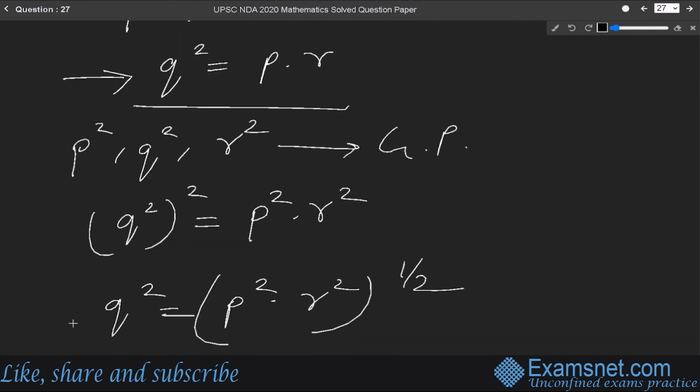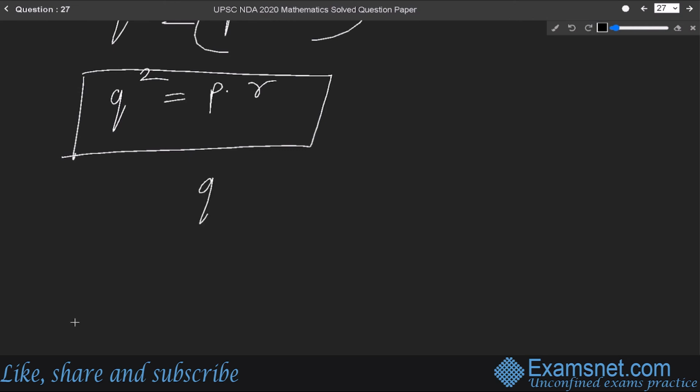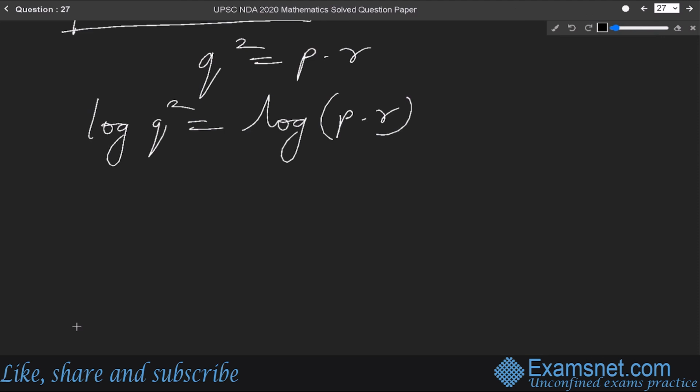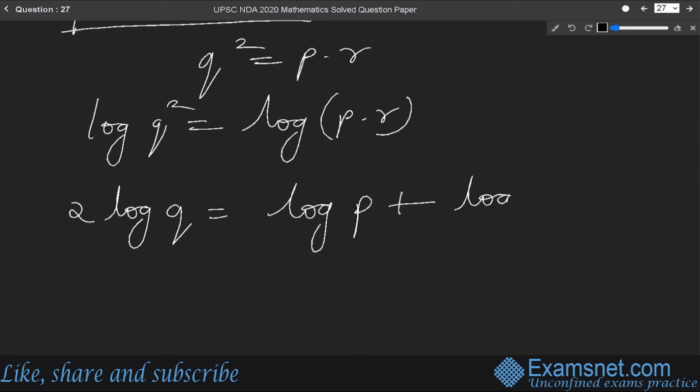Now for the second statement, we already proved that Q square is equals to P into R. Now taking log on both the sides, log of Q square is equals to log of P into R. Further solving this, it can be written as 2 log Q, because we know that log A power M is equals to M log A. Similarly, log A into B is log A plus log B. So log P into R is log P plus log R. And this is the part which we have to prove.